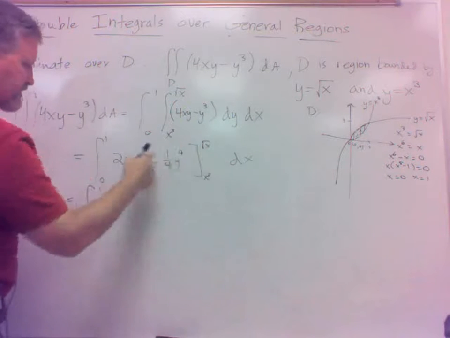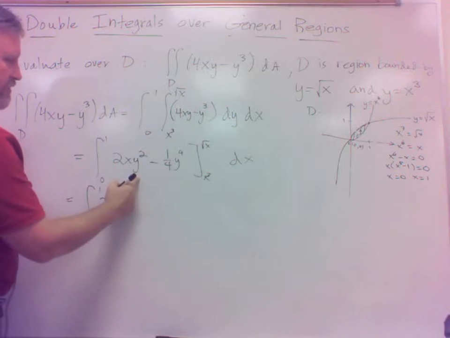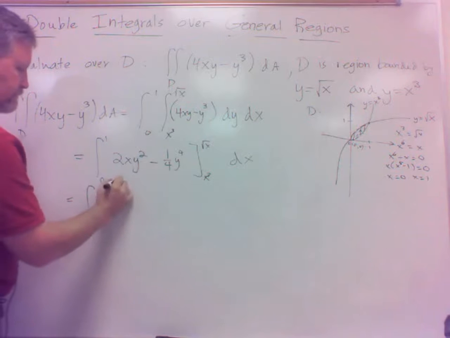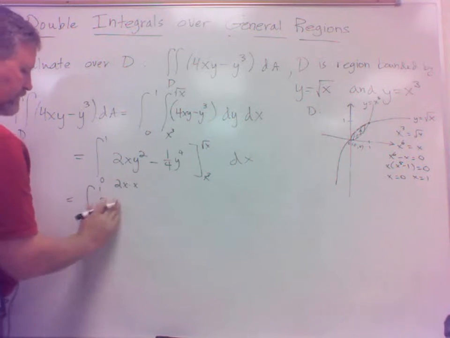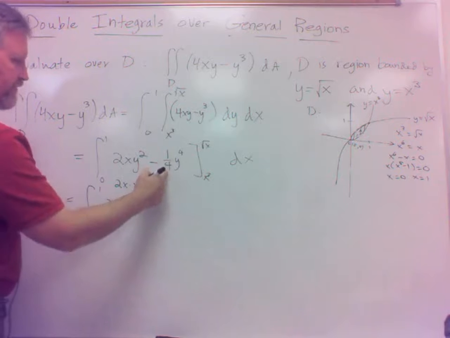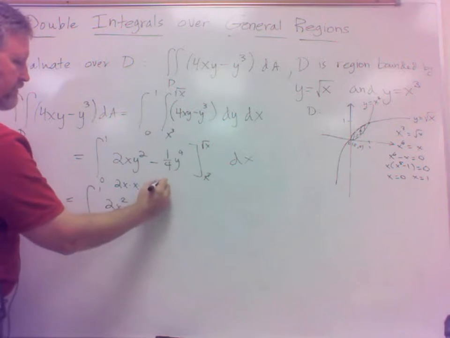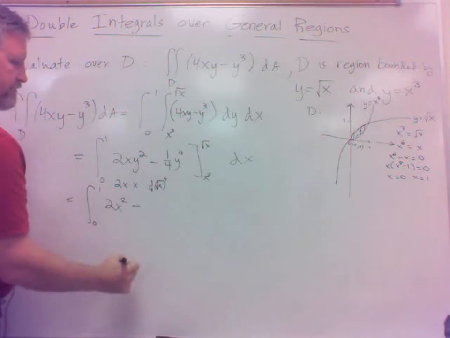These are the y's, so it'd be 2x times the square root of x squared. Square root of x squared would just be x, wouldn't it? This will be 2x squared, minus 1/4 the square root of x squared to the 4th.